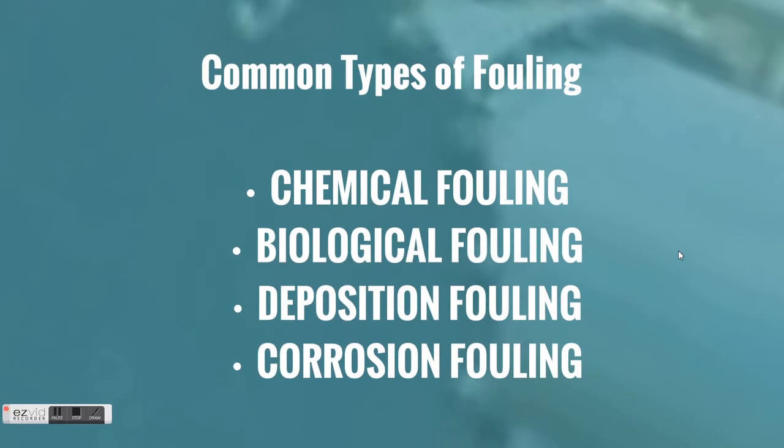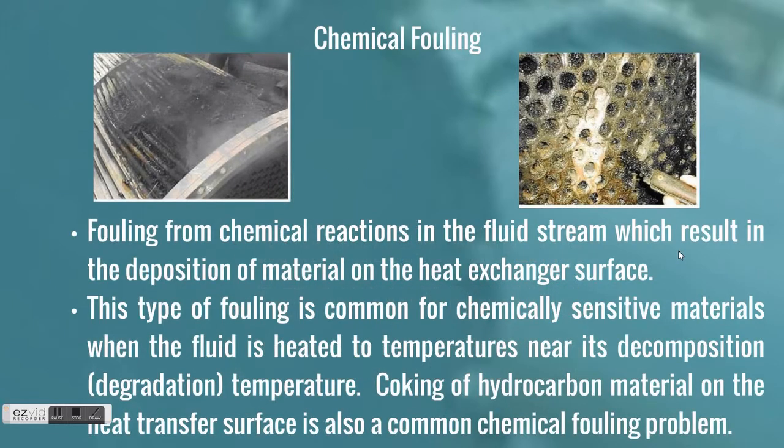Common types of fouling. Fouling comes in many forms. Some of the most common fouling found in industries include chemical fouling. It is formed when there are chemical changes within the fluid. These changes cause a layer of fouling to form onto the surface of the tube equipment. One of the most common examples of chemical fouling is known as scaling.